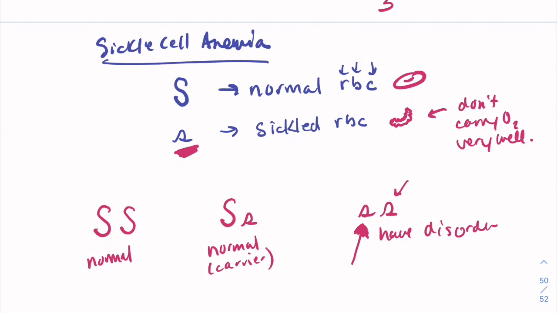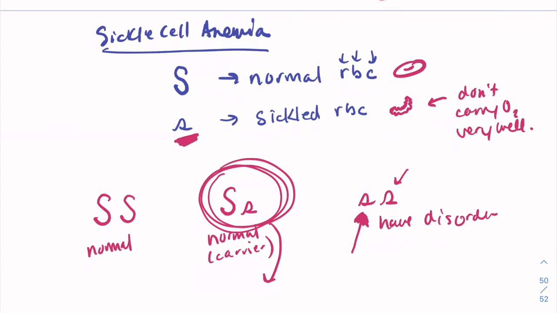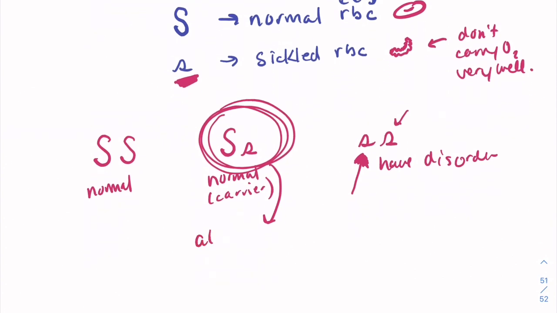because in certain parts of Africa, malaria is very prevalent. And there is something about being a carrier, something about being heterozygous, that also gave people some immunity to malaria. So this also protected against getting malaria.